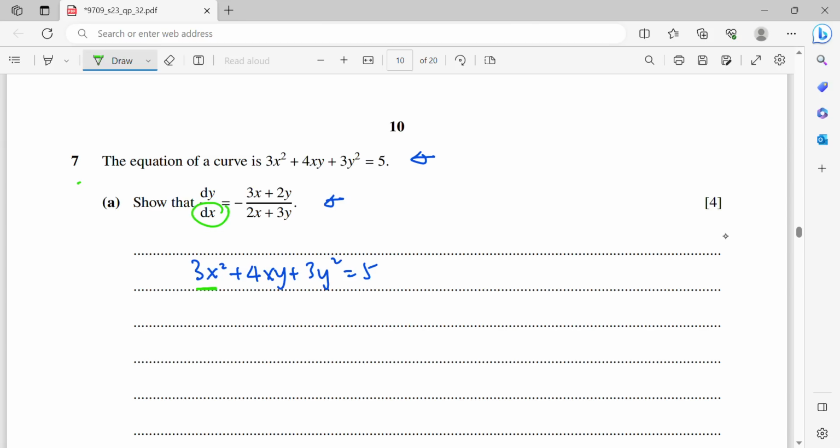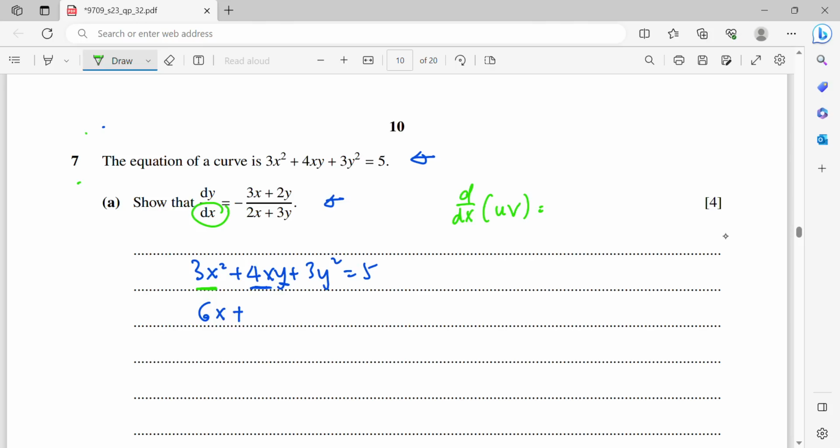First term is 3x squared. When you differentiate 3x squared with respect to x, you just differentiate as usual. It will be 6x. Now for the second term, you have a product of two functions. The first term is 4x, the second term is y. When you need to differentiate a product of two terms, we need to apply the product rule.